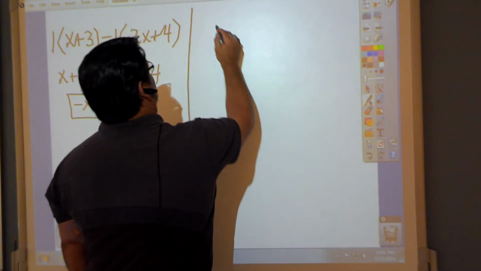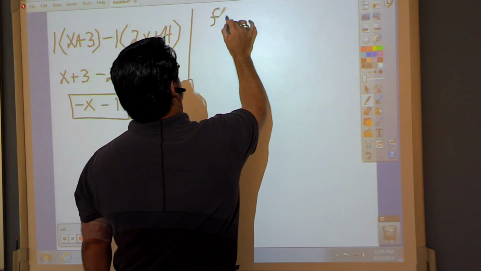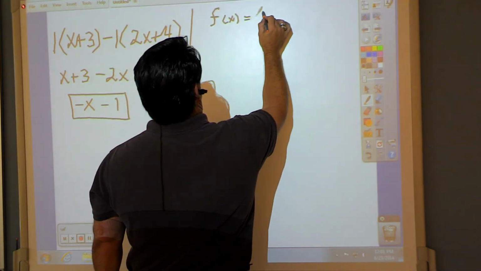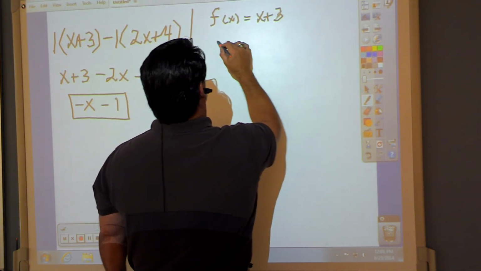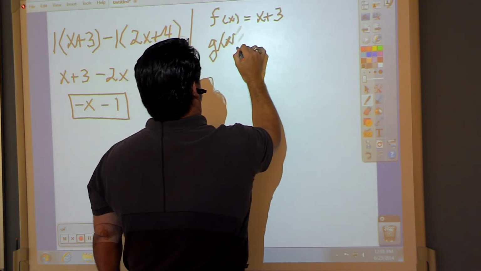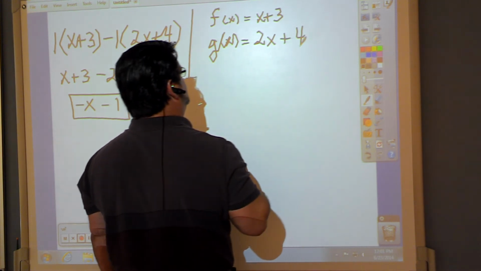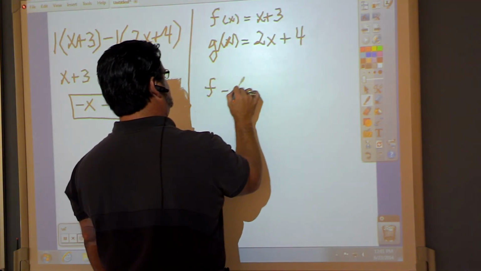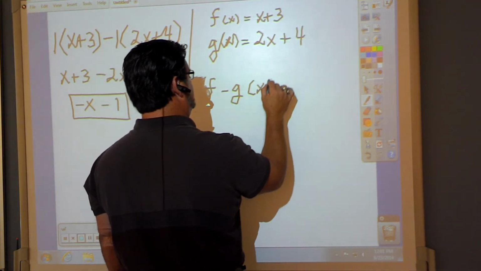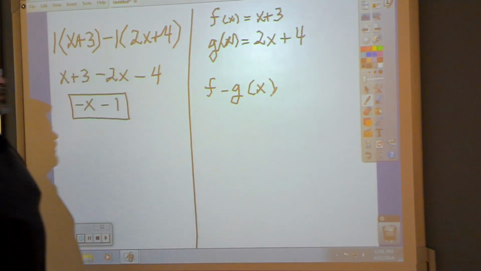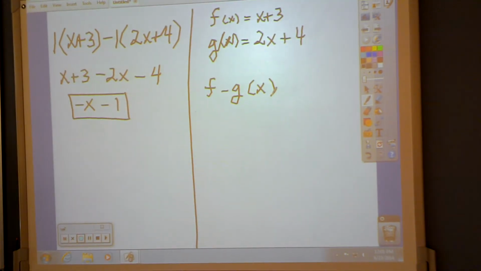All right. So now I'm going to do f of x is equal to x plus 3, and g of x is equal to 2x plus 4. And now I want you to find f minus g of x. Well, what is f minus g of x? Negative x minus 1. It's the same thing you did back in pre-algebra.